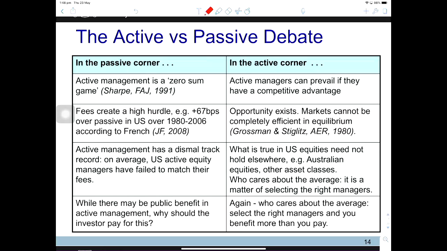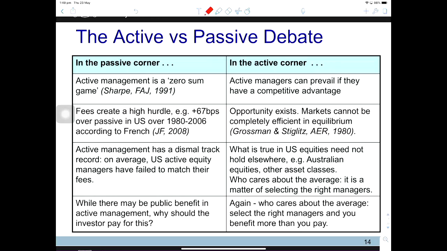And also, they believe that the active managers charge fees that are too high, and they cannot really justify that high fee for the active return they generate. So these people will say, for investors, you should go with the passive because active management will not generate any benefits on average.